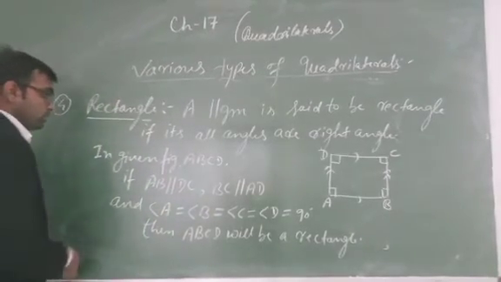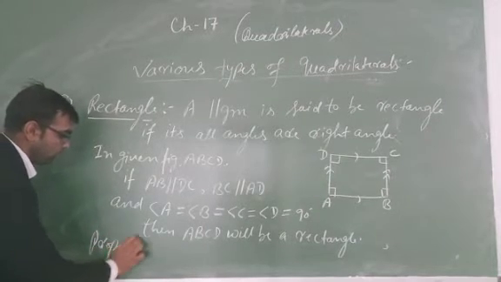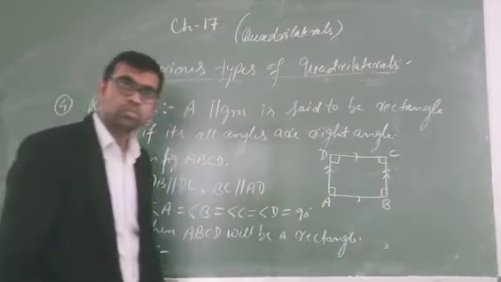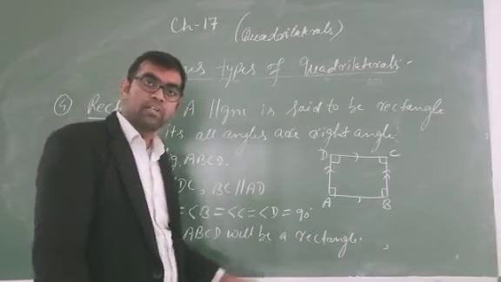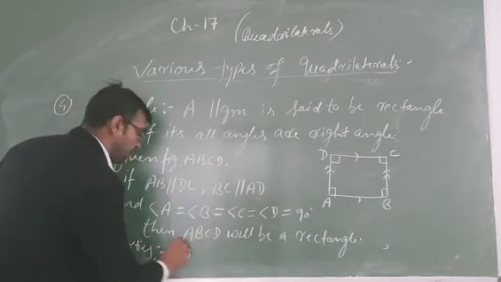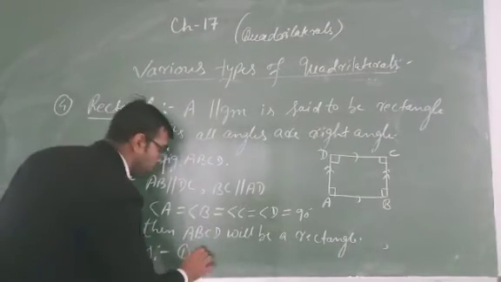Now properties of rectangle. You know a rectangle is a parallelogram, so it will hold all properties of a parallelogram as well. One property: diagonals of a rectangle are equal.